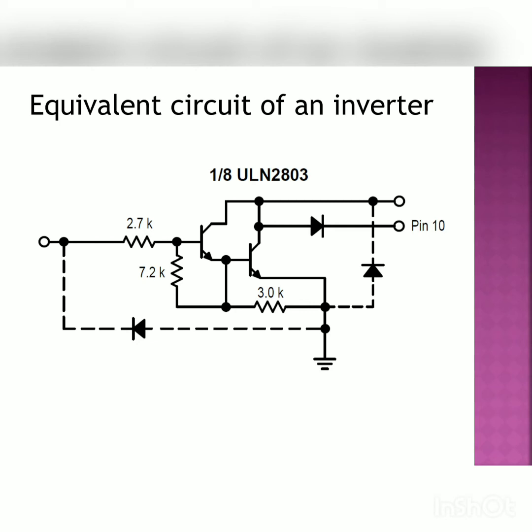So this is the equivalent circuit of a single inverter. Along with it there are certain resistors like 2.7K, 7.2K and 3K. These three resistors take care of the biasing of the transistors and the provision of stability.